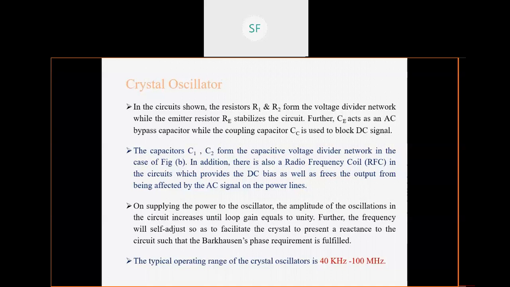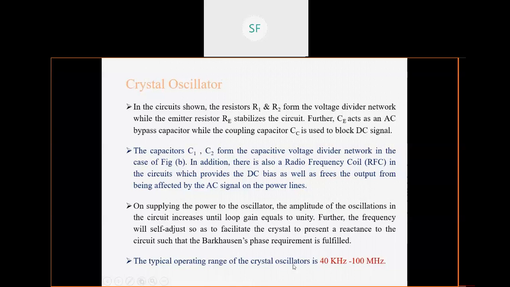So this point is basically talking about the Barkhausen criteria. The typical operating range of the crystal oscillator is 40 kilohertz to 100 megahertz. This is the range, meaning whatever oscillations you are getting at the output of the crystal oscillator, the frequency range will vary from 40 kilohertz to 100 megahertz.